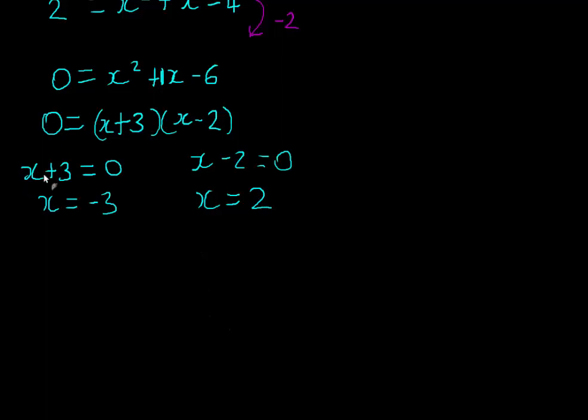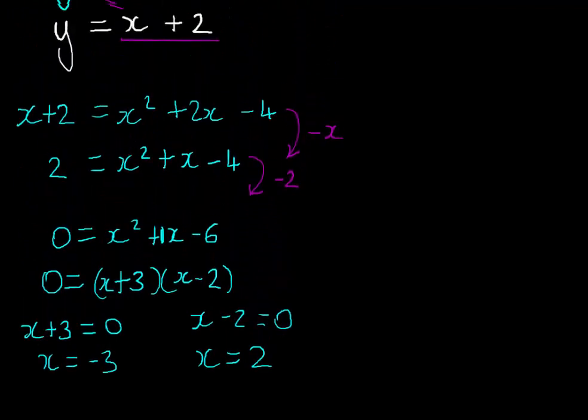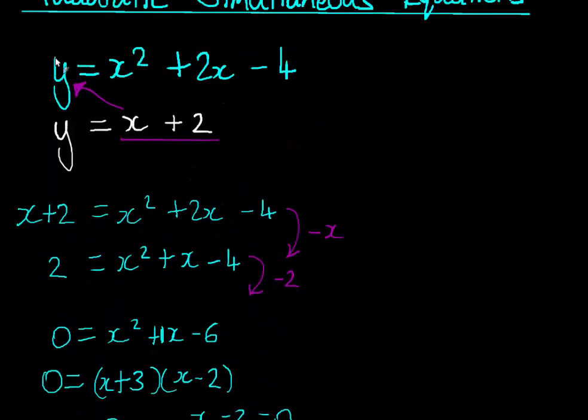So that's our two x values, and you'll always expect two values from a quadratic, and with these quadratic simultaneous equations, you'll always expect to get two values for x, which will then mean we're going to get two values for y. So if we look back at our original equations, we've got our quadratic here, we've substituted into that, we've simplified it, factorized, and then we've got values for x.